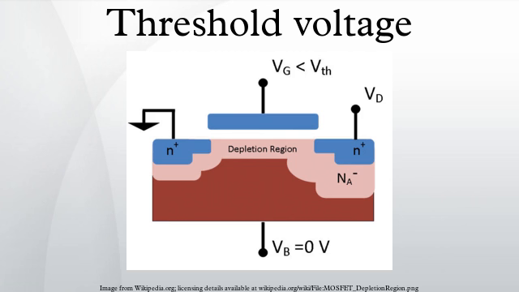This forms a region with no mobile carriers called a depletion region, and the voltage at which this occurs is the threshold voltage of the FET. Further gate-to-source voltage increase will attract even more electrons towards the gate, which are able to create a conductive channel from source to drain. This process is called inversion.